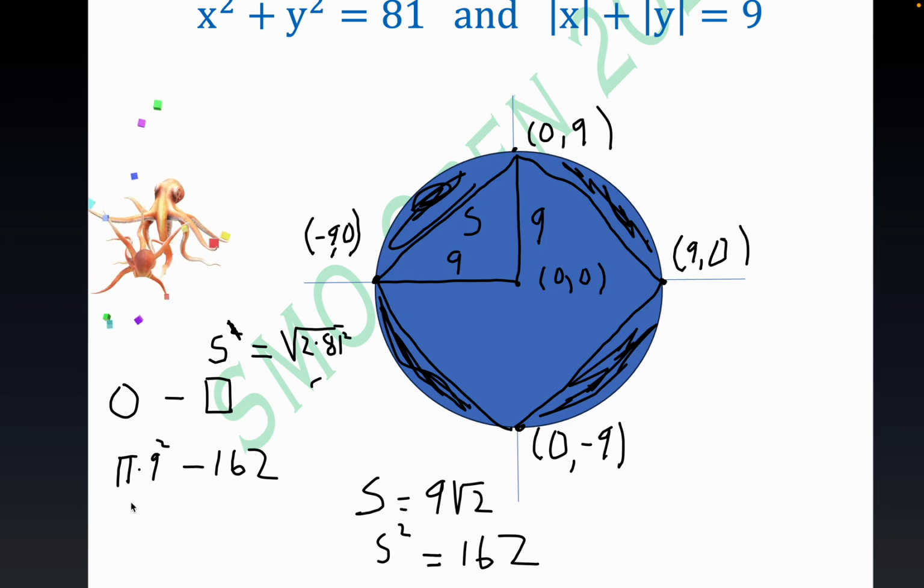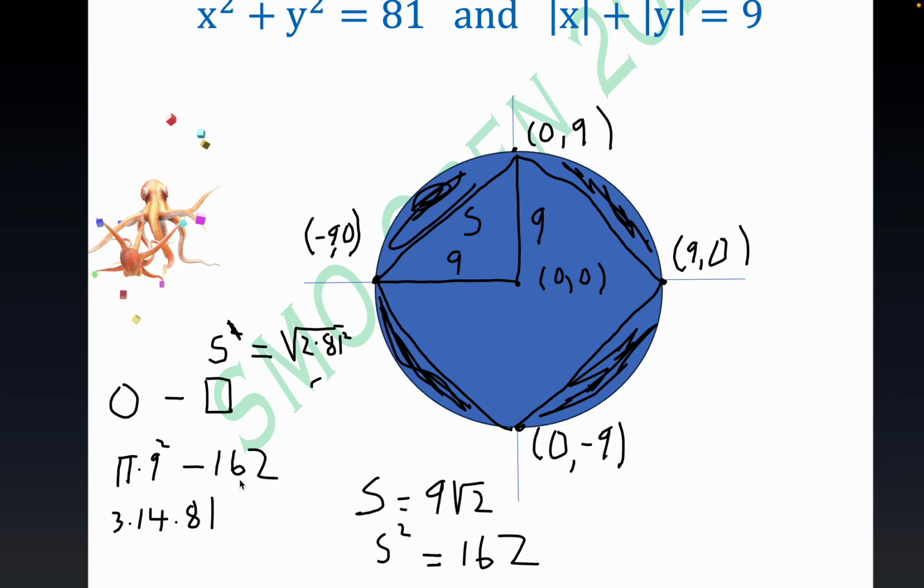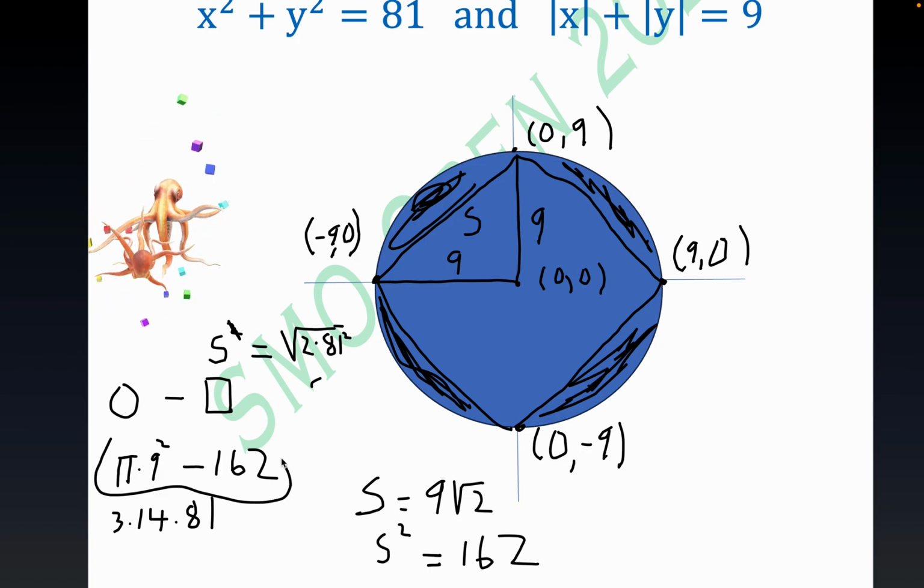So now, sanity check. Pi would be something like 3.14 approximately. The result better be positive. So this would be 3.14 times 81, which is definitely a number bigger than 162. I won't do the calculation right here, but this is your answer, whatever the calculator returns if you need that.